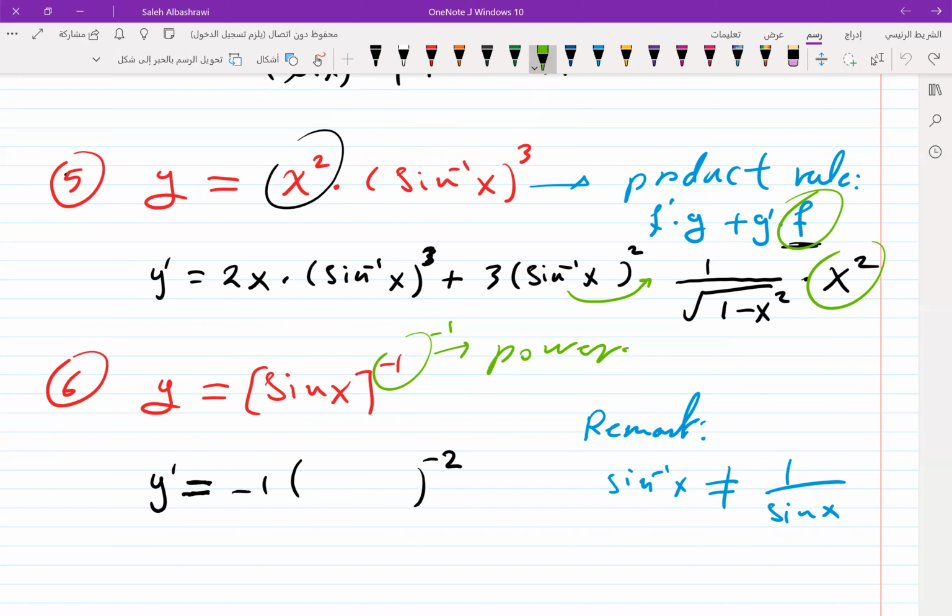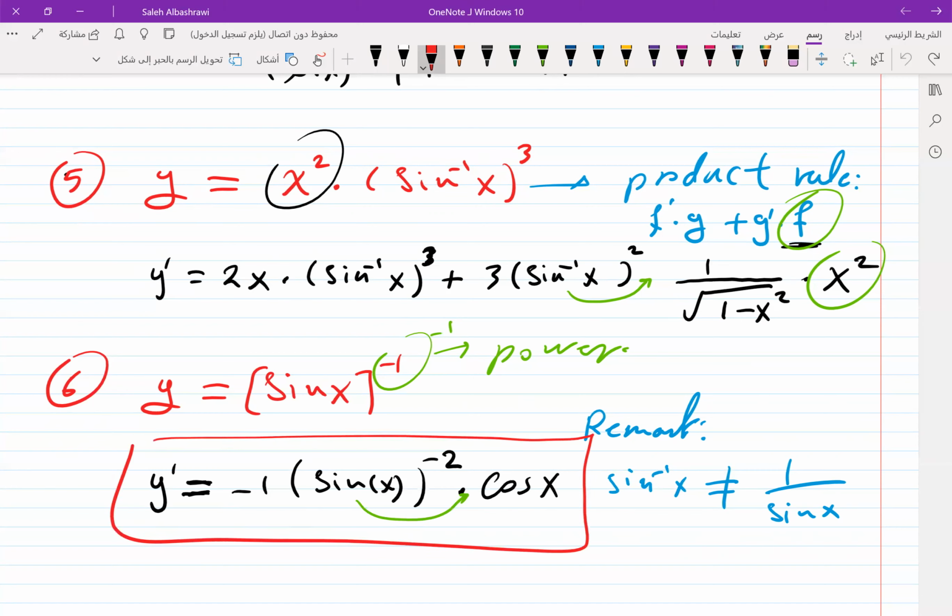So minus 1 will give me minus 2. And keeping the sign as it is inside. Now, differentiate what is inside the power. The derivative of sine will be cosine x. Now this is the derivative.